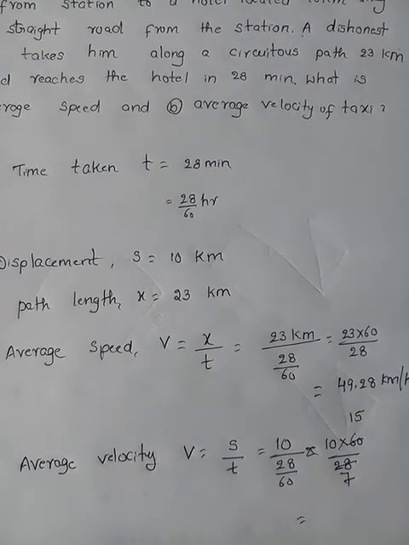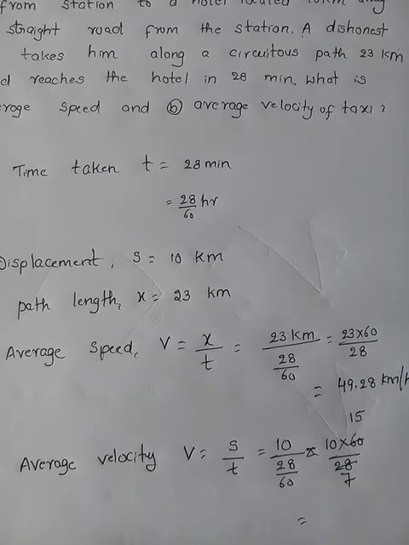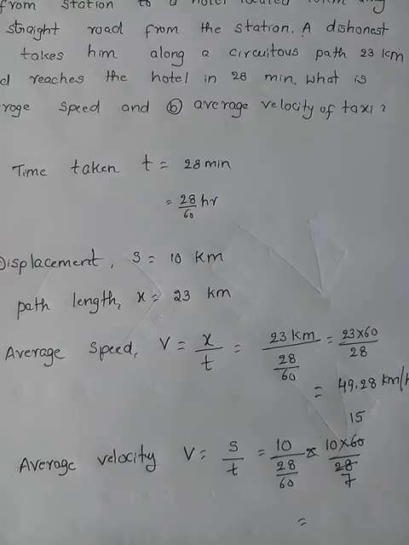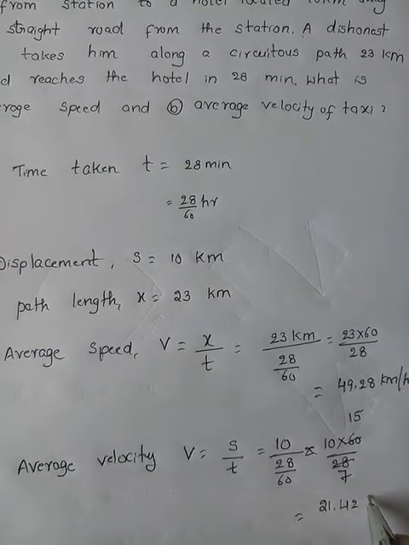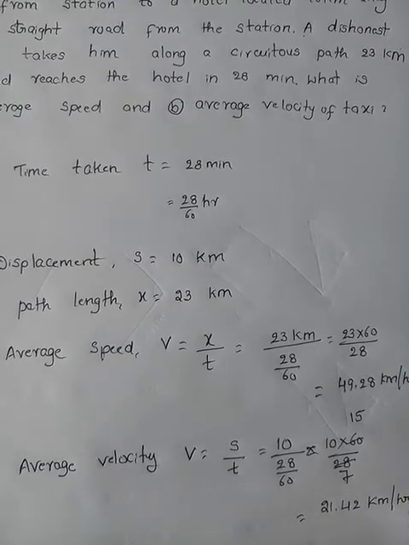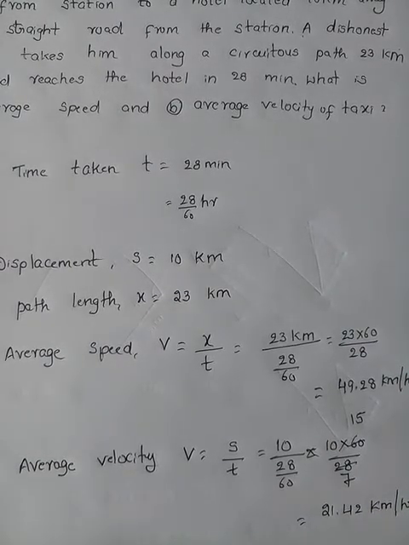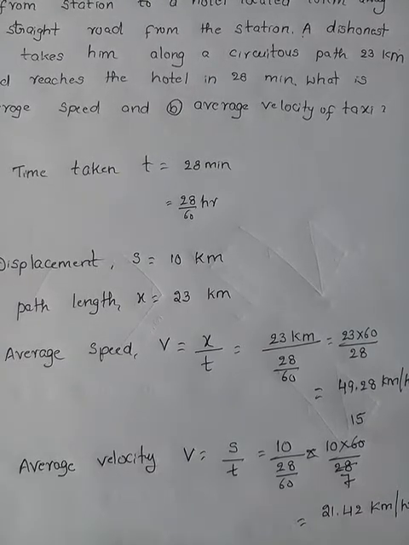So, 150 by 7. You get nearly the answer as 21.42 kilometer per hour. So, here the displacement is 10 kilometers and distance travelled is 23 kilometers.